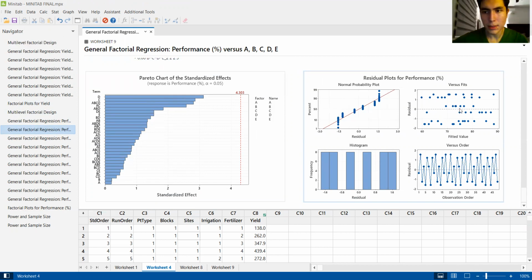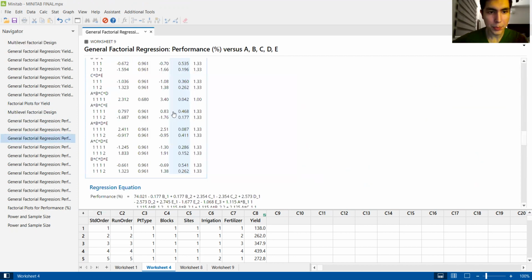Versus fit, still it's not randomized enough. We can see two spaces in between here. And so what I did is take out the A factor and make the analysis again.